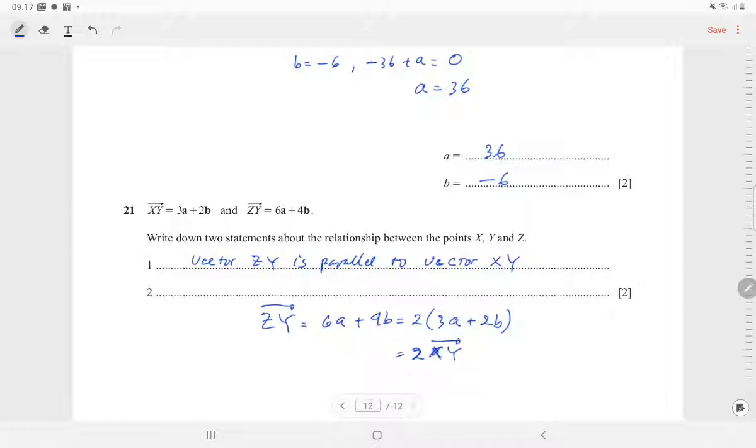Because they pass through a common point, so we can say x, y, and z are on a line, on a single straight line.